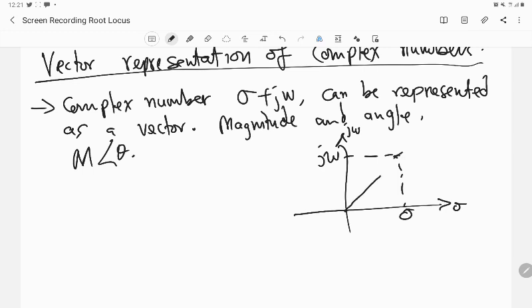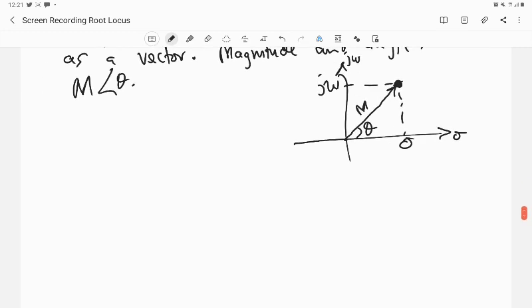So the vector will be from here to that point, where we put a dot. The magnitude is going to be m, and the angle it makes with the positive real axis is going to be theta. Okay, now let's take a function, given a function F(s), where s is a complex number.